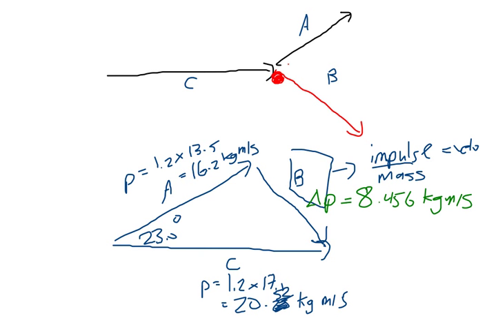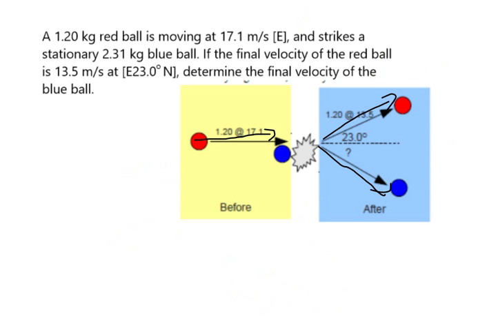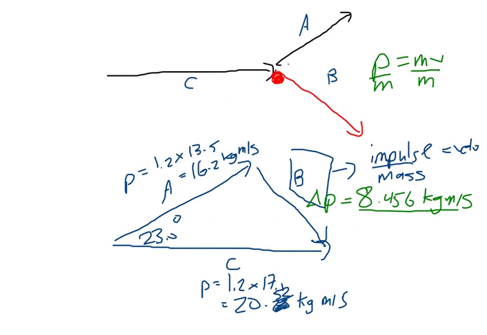So to calculate its velocity, you know how momentum is mass times velocity, divide by mass. So if I divide this thing by its mass, which was, what, 2.31? I got 3.66. And I think this is where I ran out of time the other day.